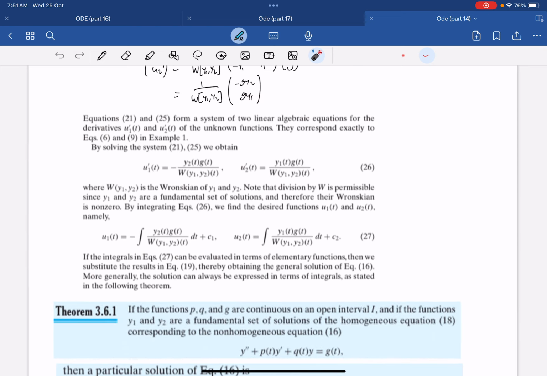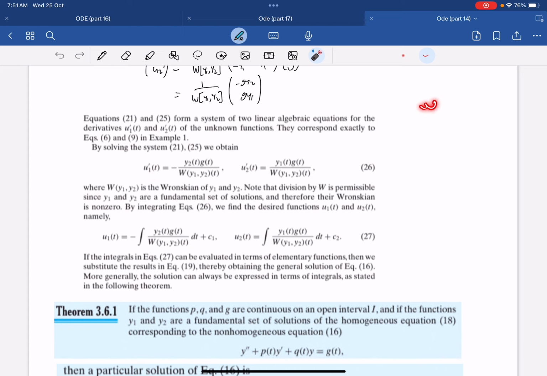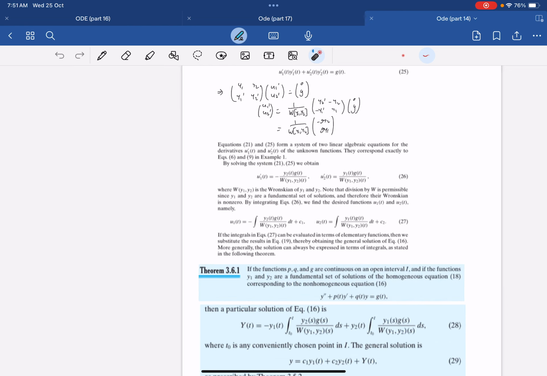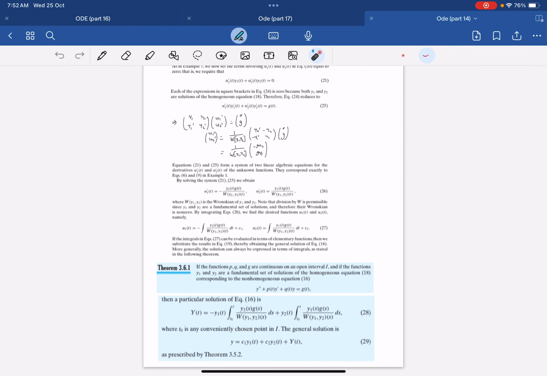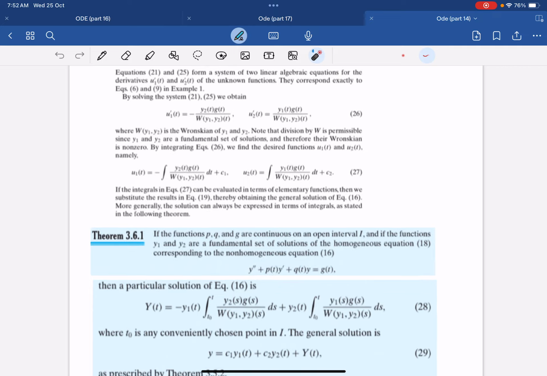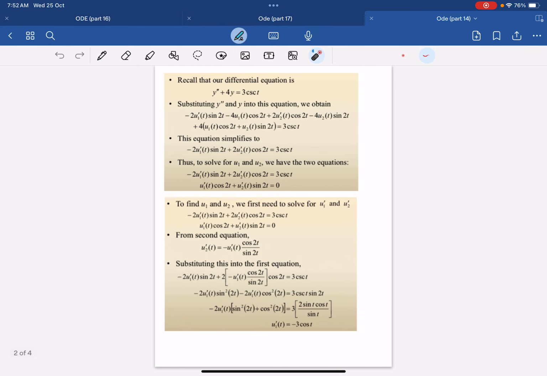So actually u1 prime is just minus y2 g over the Wronskian, and u2 prime is y1 g over the Wronskian. And then you just need to integrate to find u1 and u2 respectively. So this is the formula for solving for u1 and u2 without going through the pain of doing all this.